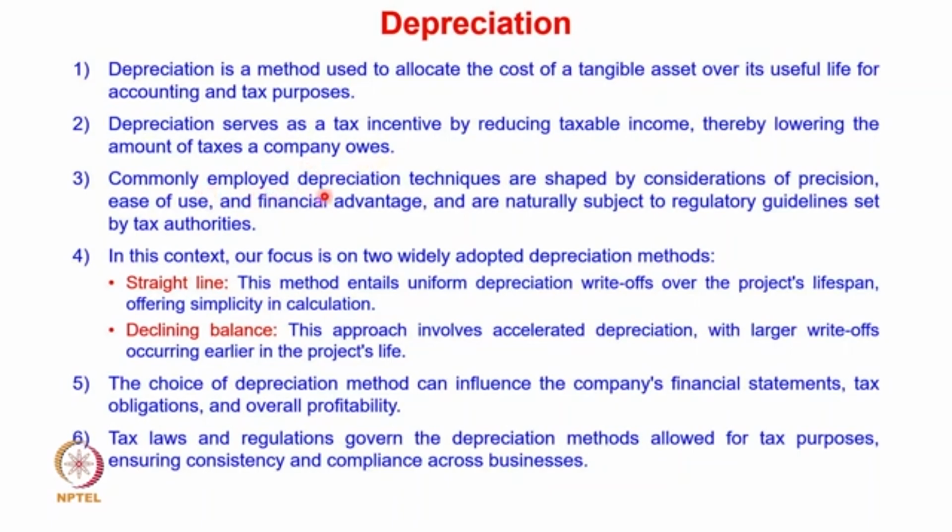Company-employed depreciation techniques are shaped by consideration of precision, ease of use, and financial advantage, and are naturally subject to regulatory guidelines set by the tax authorities. In what way you should calculate the depreciation, guidelines are given by the regulators, and based on that the depreciation should be calculated.